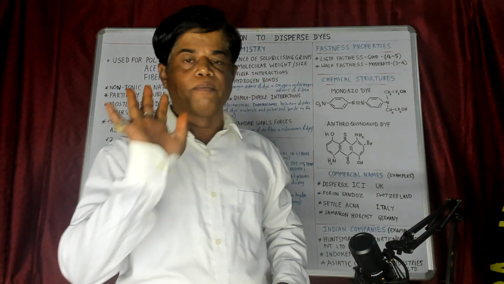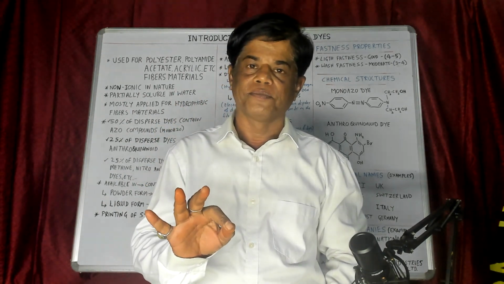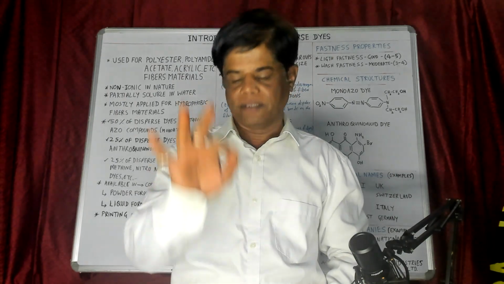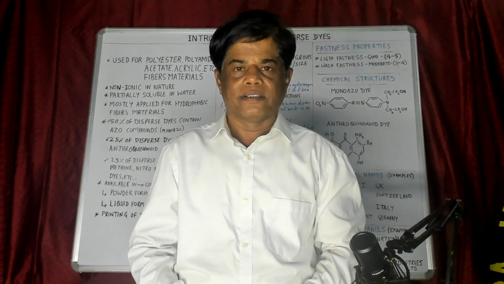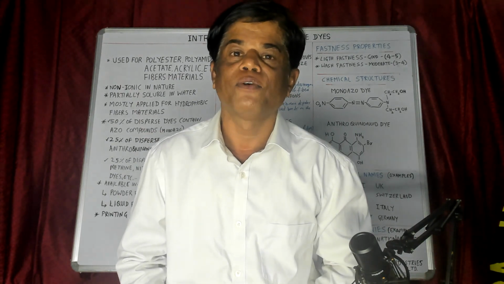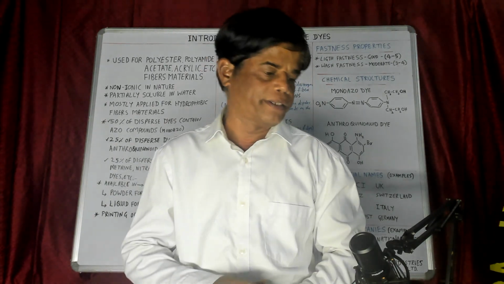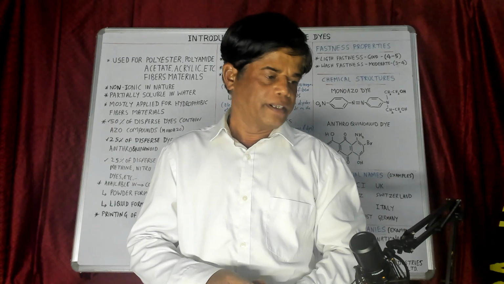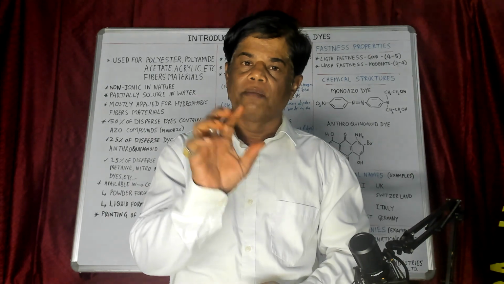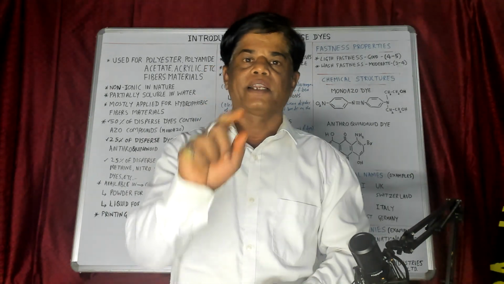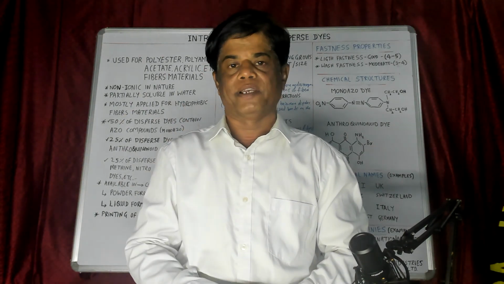Remember, keep in mind, disperse dyes are used to apply on hydrophobic materials. What is hydrophobic? What is hydrophilic? The difference between hydrophilic and hydrophobic. Hydrophilic means the material which absorbs water. The material which repels water is called hydrophobic.